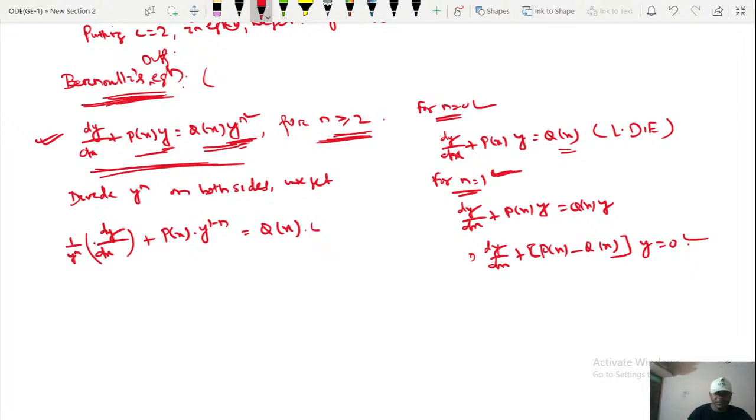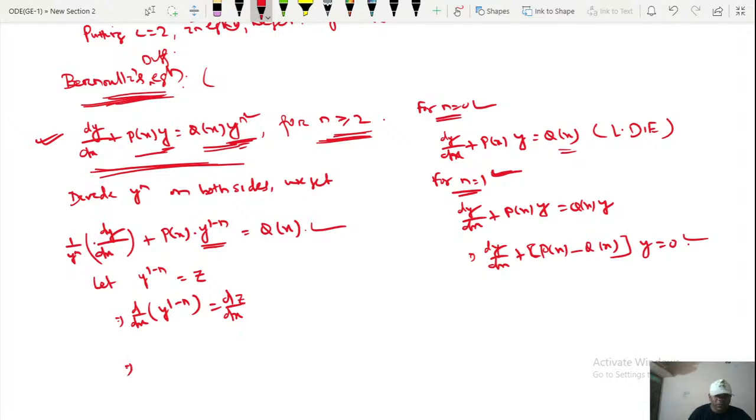So after getting this, now let y to the power 1 minus n equal to z. I am taking this as another variable, z. Now taking the derivative of both sides with respect to x, d by dx of y to the power 1 minus n equal to d by dx of z.